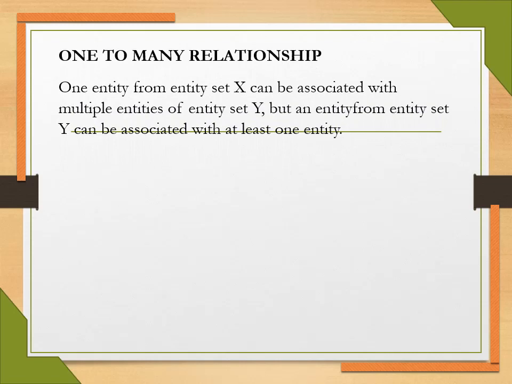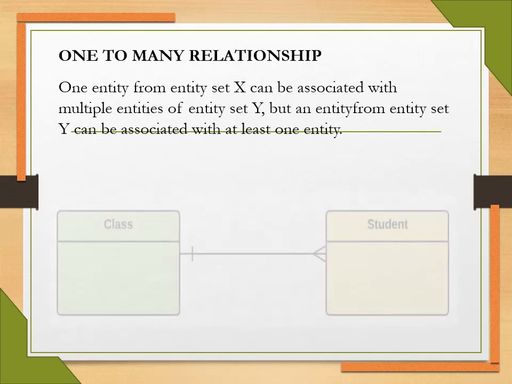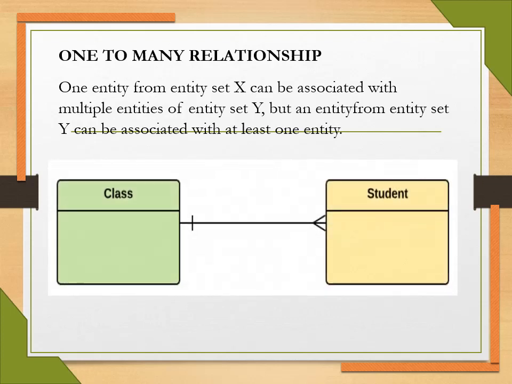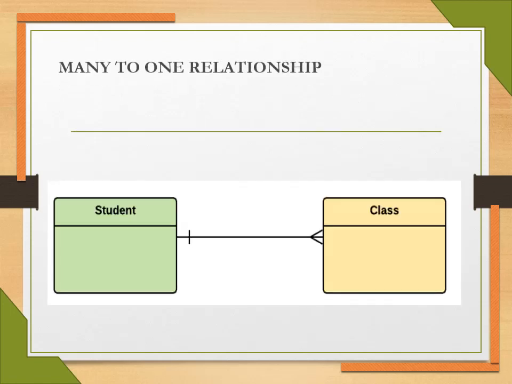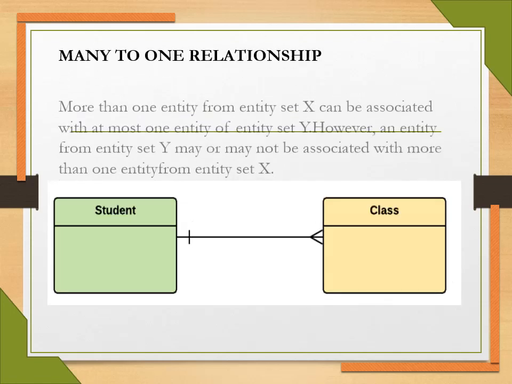one entity from entity set X can be associated with multiple entities of entity set Y, but an entity from set Y can be associated with at most one entity. Class, student. For example, one class consists of multiple students because in every class there are so many students. Many-to-one relationship.